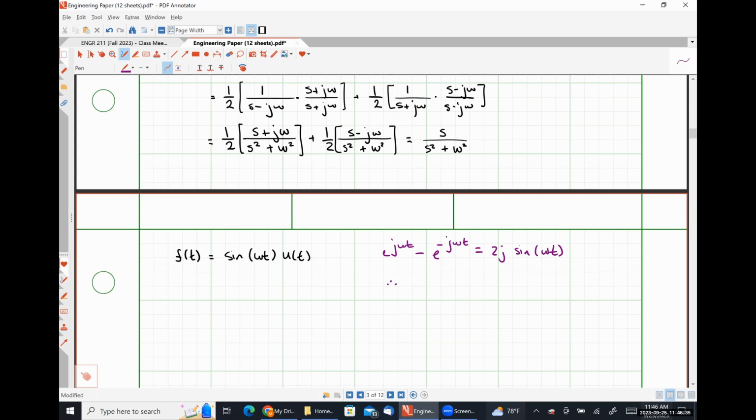From this, sine of omega t is just going to be 1 over 2j times e to the positive j omega t minus e to the negative j omega t.